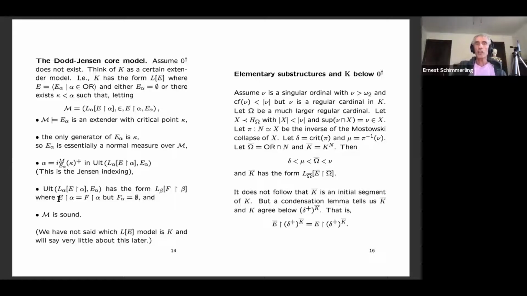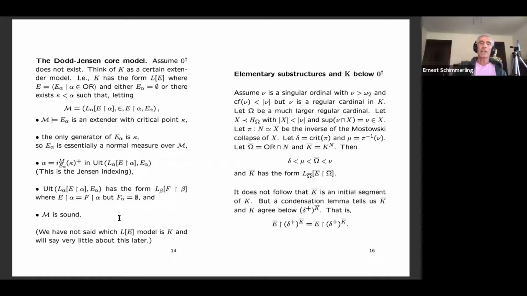And the extender sequence looks exactly the same up to alpha, but at alpha, you have nothing, right? So you started with M, which has something at alpha, and then you take an ultra power, you get a taller extender model. It has nothing at alpha. And that's used in comparing models.